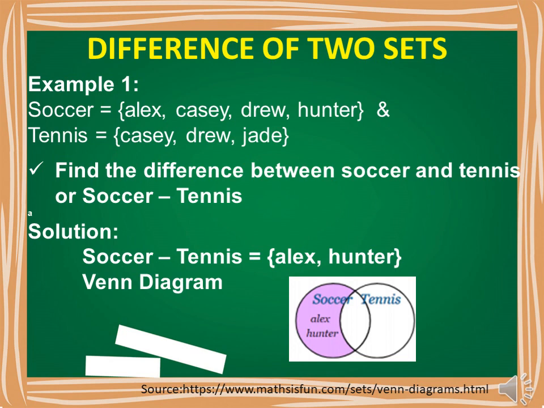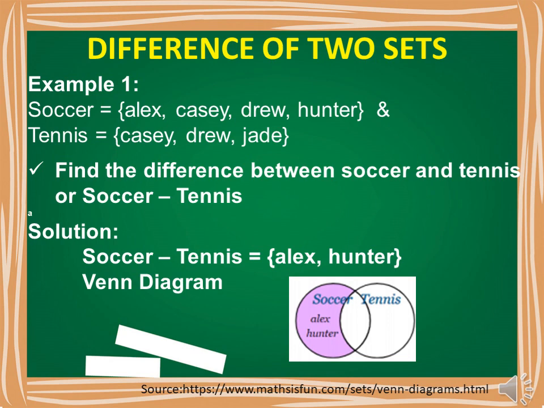Okay, so now let's revise. What if I want you to find the difference between tennis and soccer? So that's tennis minus soccer. This time we're going to compare the elements for tennis against soccer. So let's take a look. Cassie, okay, eliminated.